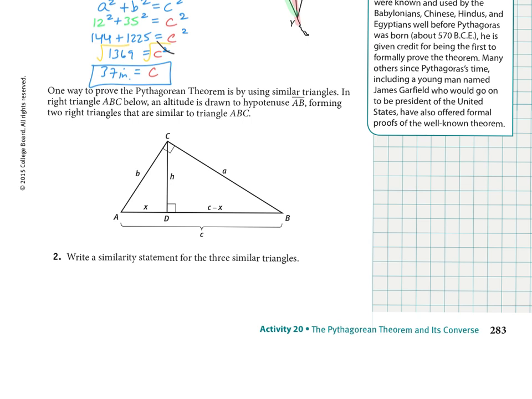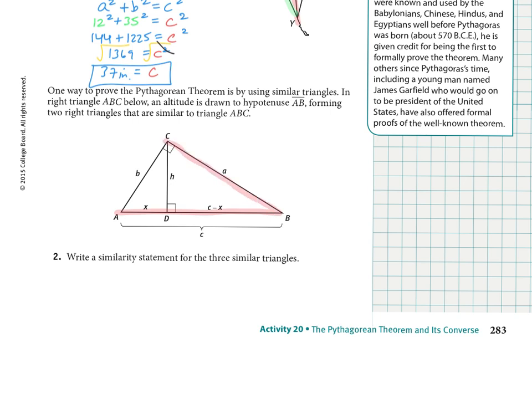What it wants us to do below for number 2 is write a similarity statement for the 3 similar triangles. Now, we know that we have to make sure the correct ends are similar to each other. So I'm going to use kind of a highlighter to help us figure that out. But let's start off with triangle ABC.